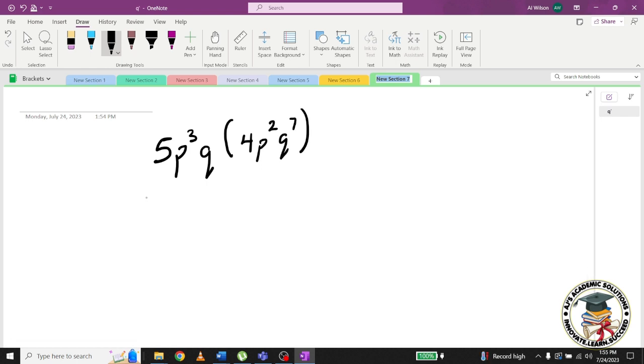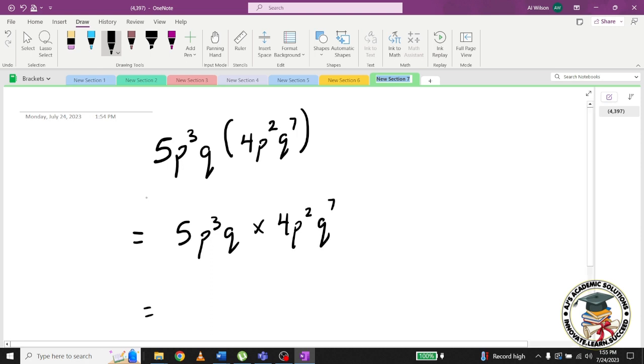So I'm not going to work with any operations of addition and subtraction. This is straight up just working a bracket. So from this we just have to do a multiplication. So we have 5p cubed q times 4p squared q to the 7th power. Before we do anything else, let's work with the powers we have for our variables. Our variables are p and q.